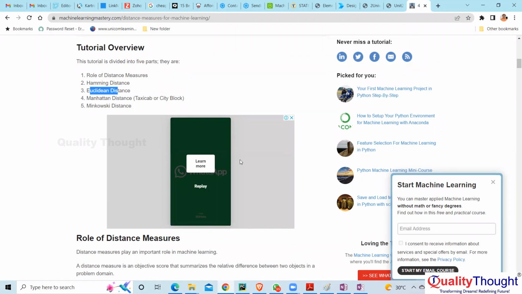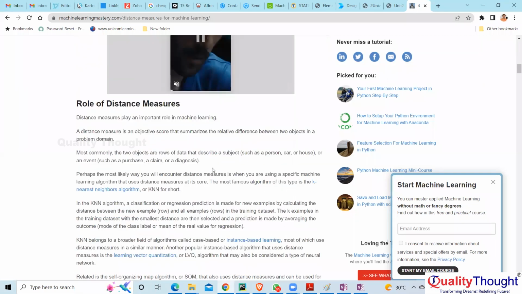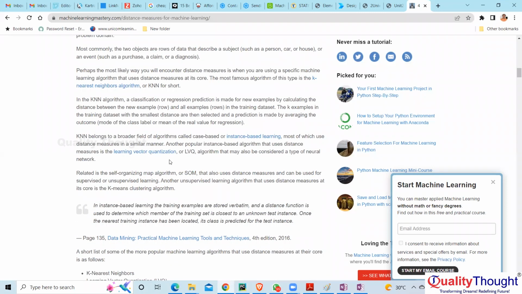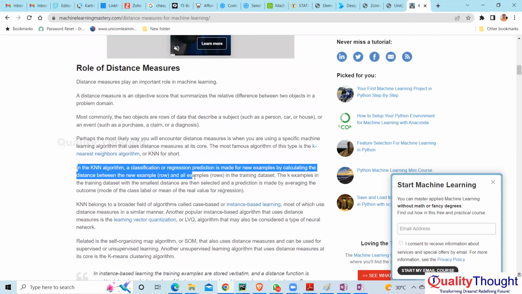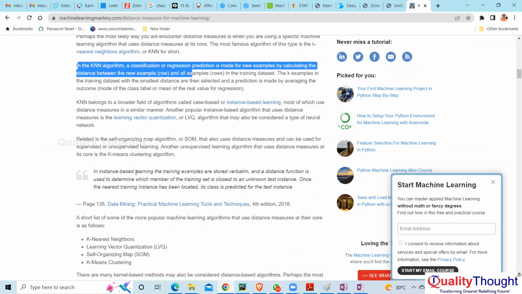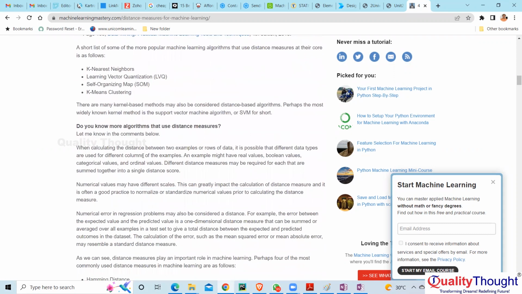In SVM also, we had to find the line and the distance between the point and the line, the support vector and the plane. So how do we measure the distance? Even in KNN we discussed nearest neighbor. Who's the nearest neighbor? There also we discussed distance to find the nearest neighbor. So it is used in multiple algorithms.